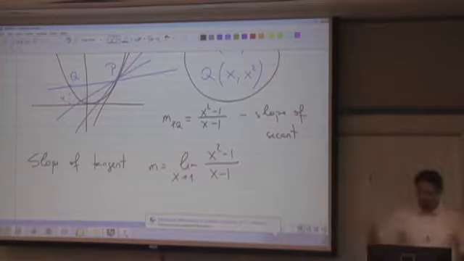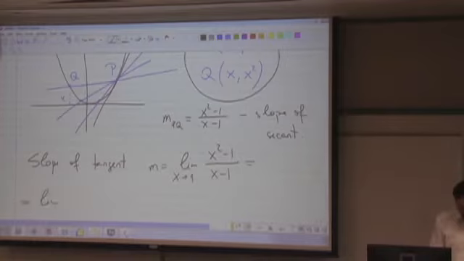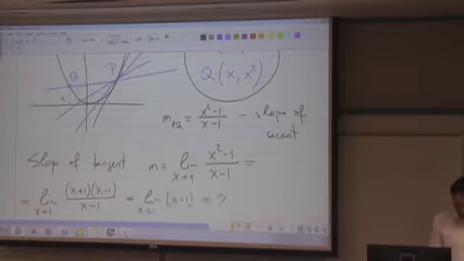So let's take the derivative. Let's actually solve this limit. What is this limit? The limit as x goes to 1 of x plus 1 times x minus 1 divided by x minus 1, which equals the limit as x goes to 1 of x plus 1, which is equal to 2. Right?